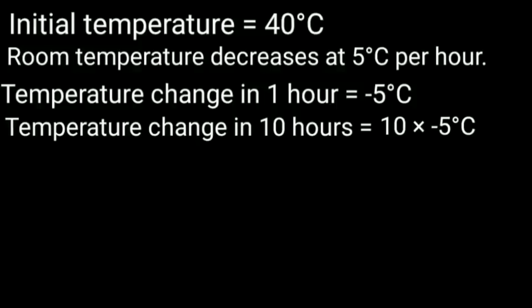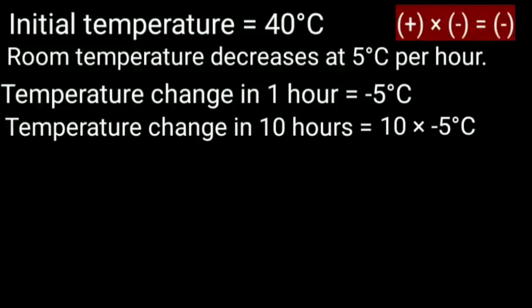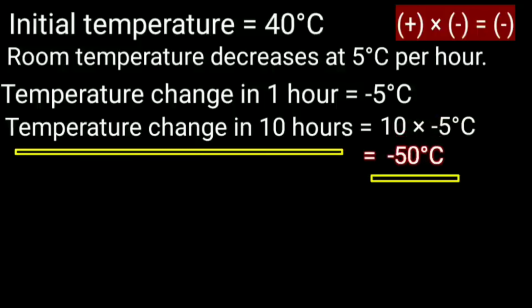According to the rule of multiplication of integers, plus into minus is equal to minus. So 10 into minus 5 degrees Celsius is equal to minus 50 degrees Celsius. Therefore, temperature change in 10 hours is equal to minus 50 degrees Celsius.